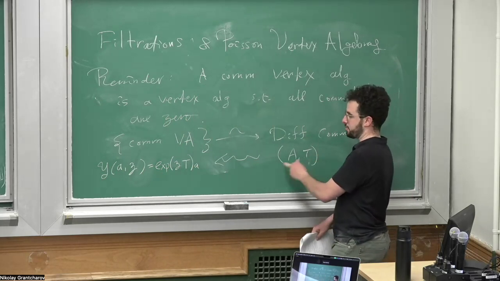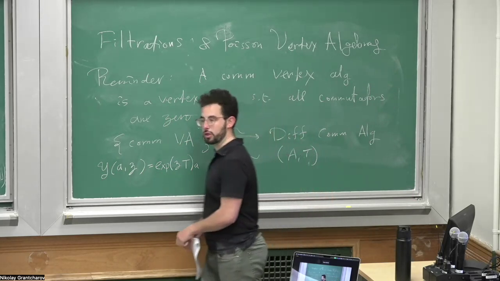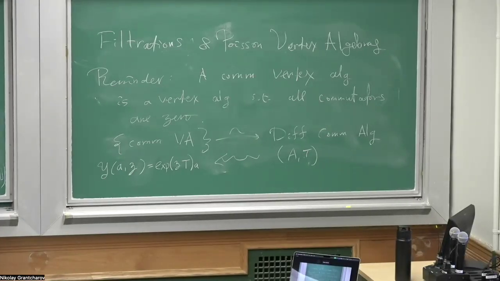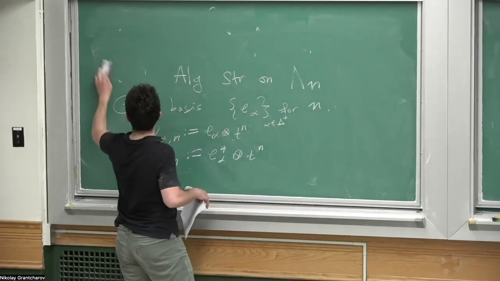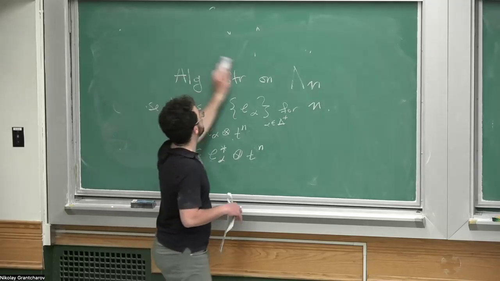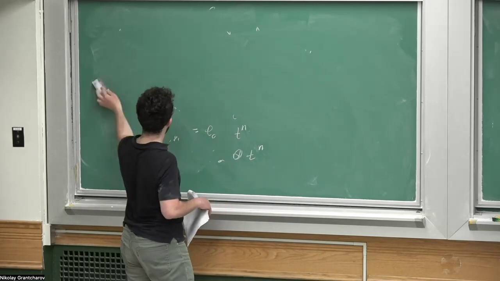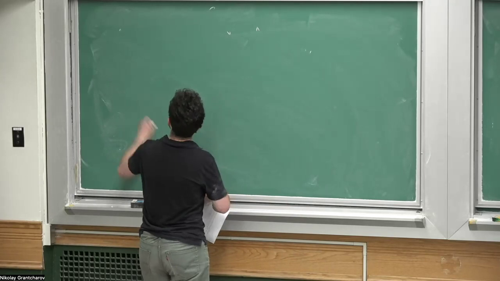So we have a Taylor expansion: we are taking a Taylor expansion of multiplication by A. An example, I guess the typical or the free example of a commutative vertex algebra or a commutative differential algebra, is the jet algebra example.